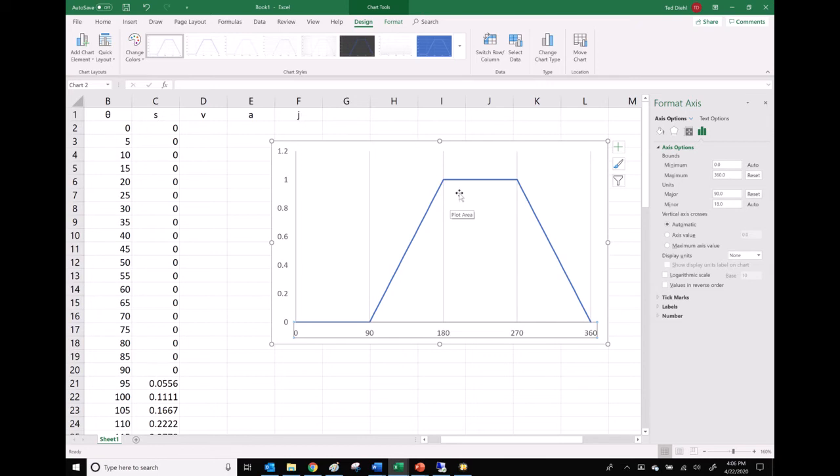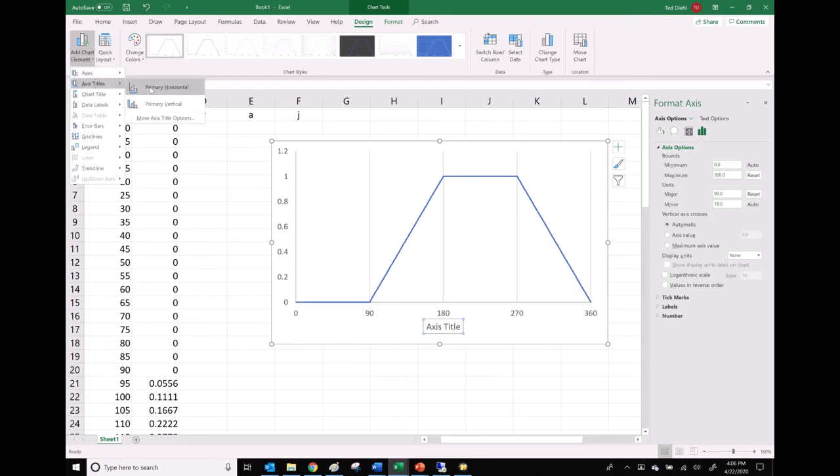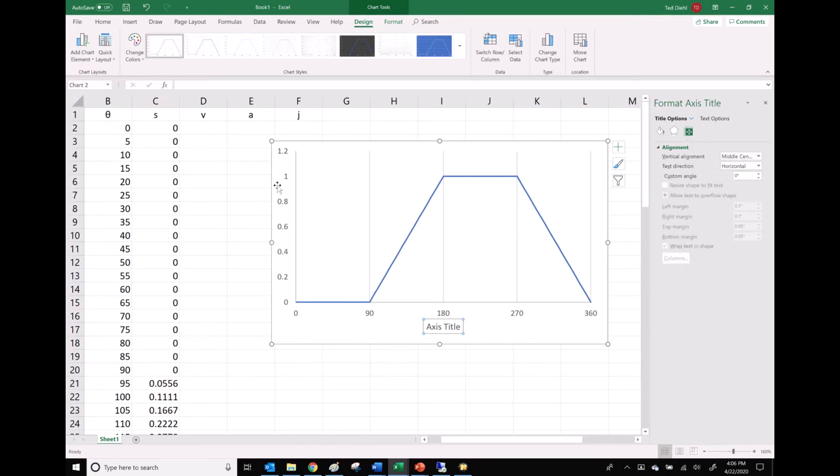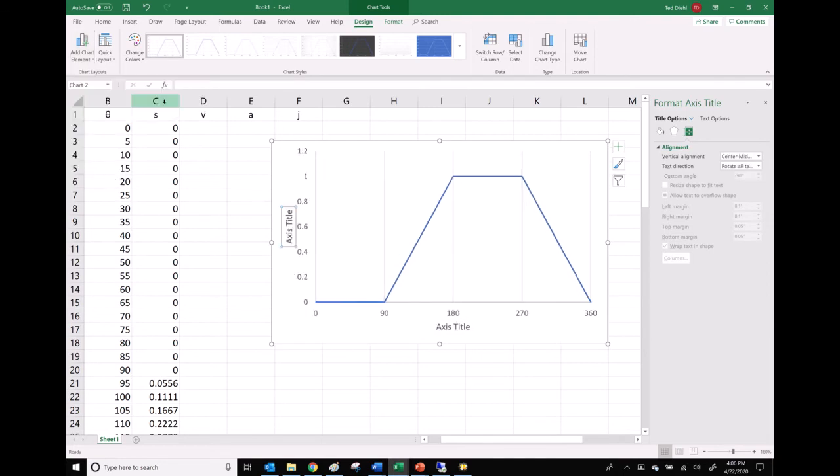I go axis titles. So I decided to add in axis titles. We want horizontal with the title below. I want vertical right here, and grid lines. I decided to only go, okay, I hate grid lines in only one direction, but they're appropriate in this case.